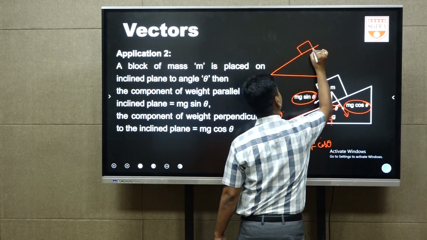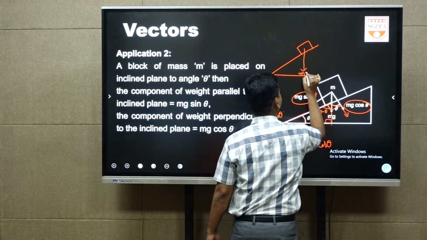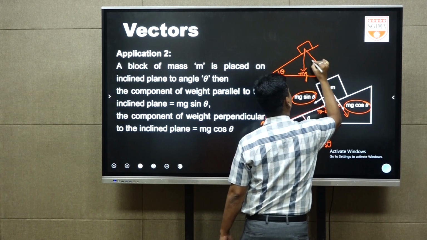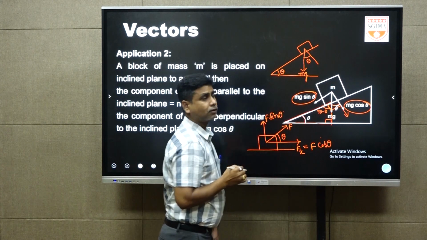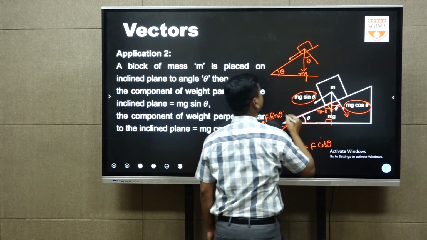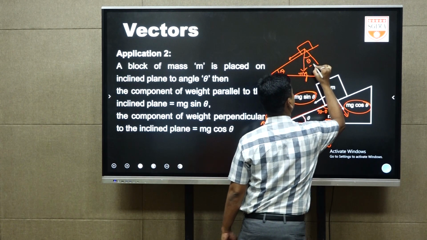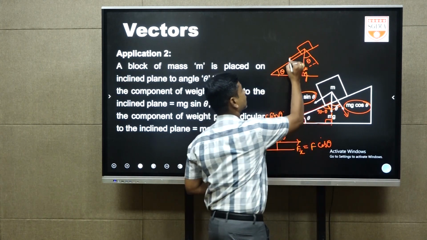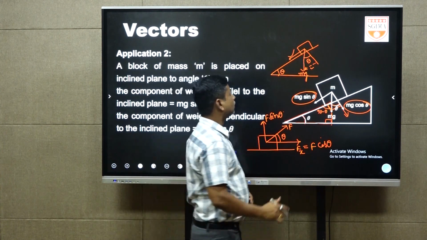Here a block on this incline has weight mg acting downward, here is the angle theta, one component is in this direction, and this angle is also theta. Here one more component is acting in this direction. This component will be shifted to here. This line and this line are both equal.